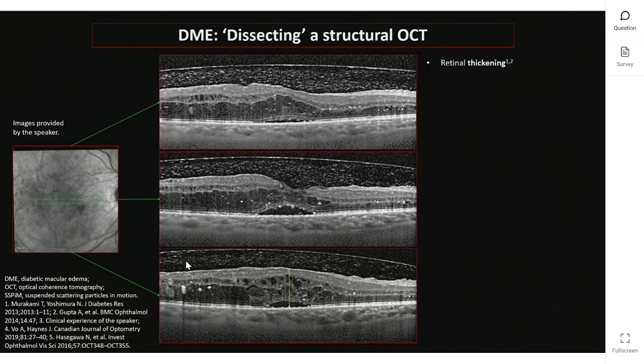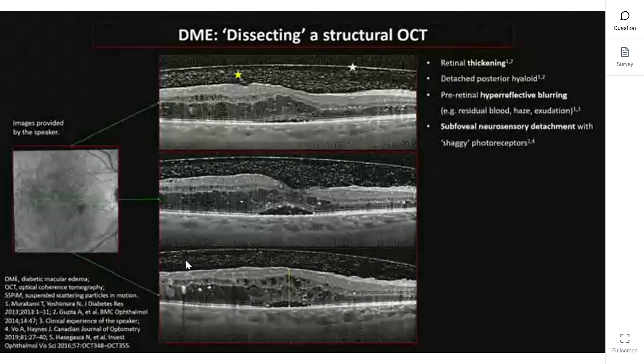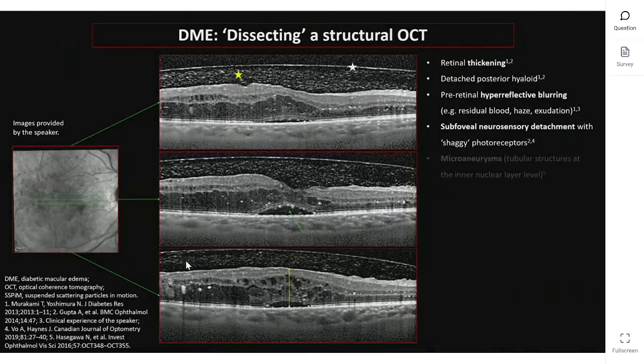So we have retinal thickening, we can see that. And then we have detached posterior hyaloid. We have some preretinal hyperreflective blurring. Then we have subfoveal neurosensory detachment. And then we have microaneurysm, as you can see here on the orange circle on the bottommost image.